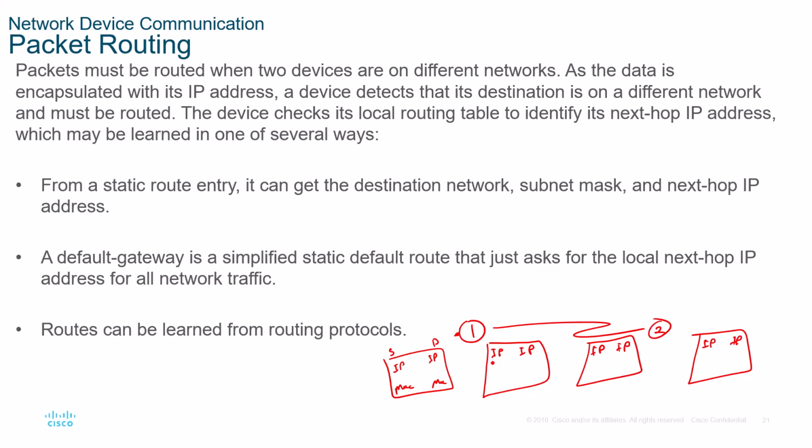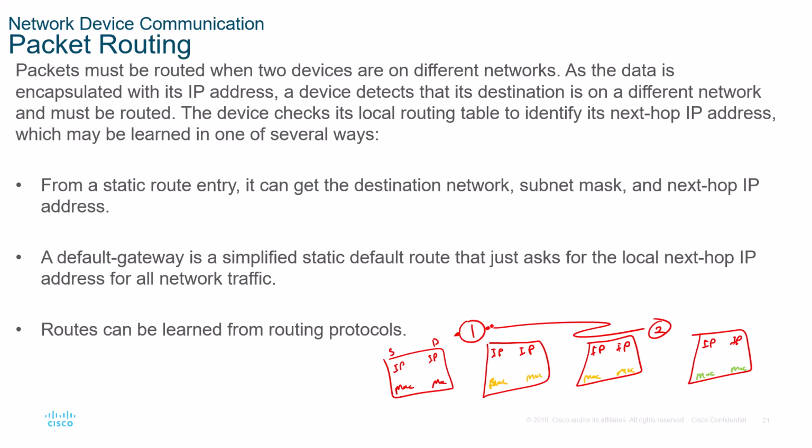At each layer 2 boundary, the router, or the layer 3 device specifically, is going to strip off the information from layer 2.